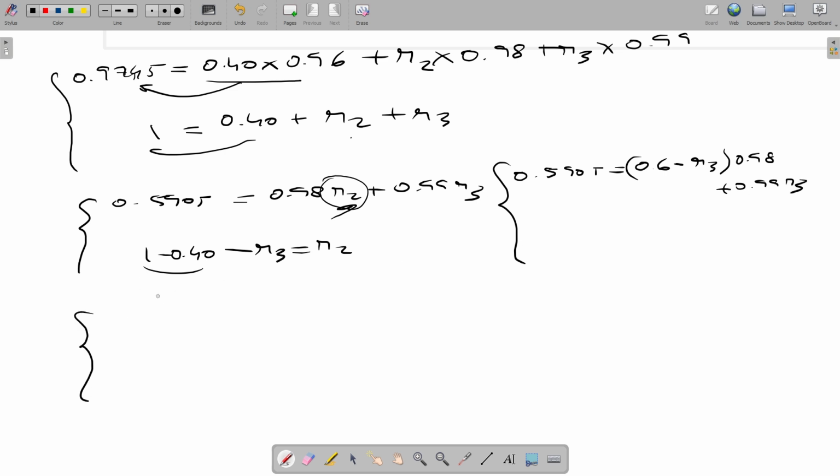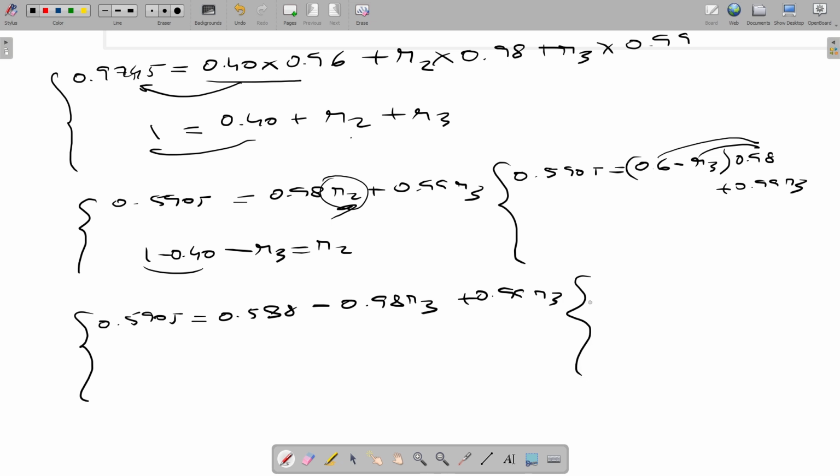And then you're going to get the resulting values from here. You're going to get 0.5905 is equal to 0.588. Remember, we're just doing the multiplication with this one and with this one. So this one is 0.588 minus 0.98 M3 plus 0.99 M3. Okay?